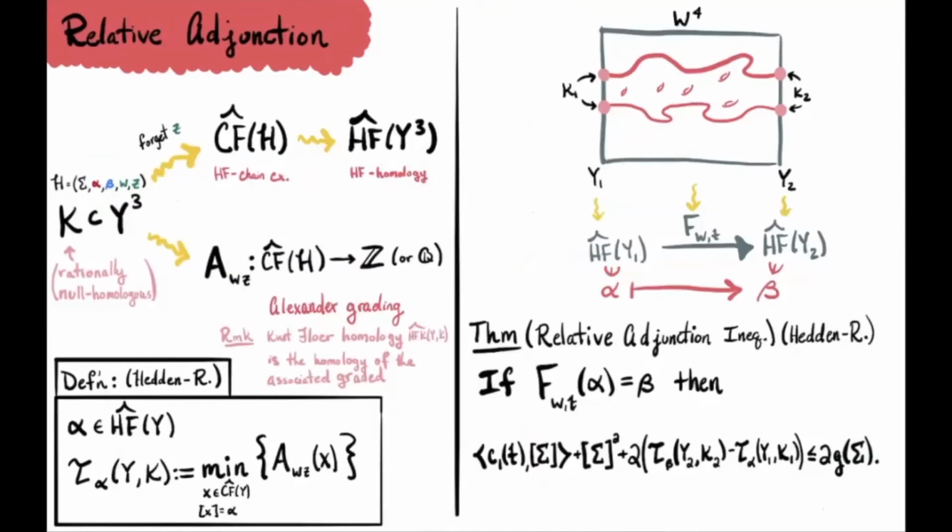So in order to do that, let me just tell you a little bit about the structure of Heegaard Floer homology. So let's start with a knot in a three manifold, and let's assume our knot is at least rationally null homologous. So it represents a torsion class in homology of Y. Then this information of the knot in the three manifold can be specified by something called the doubly pointed Heegaard diagram.